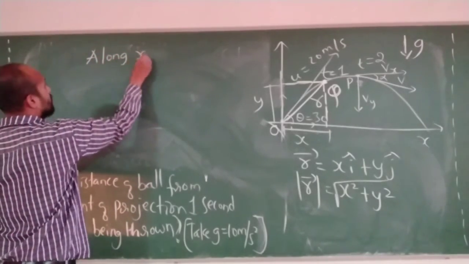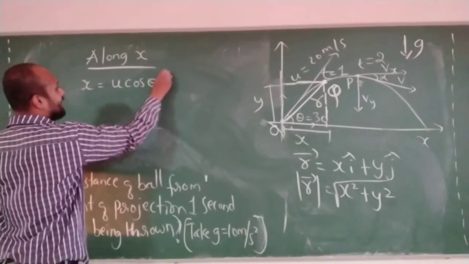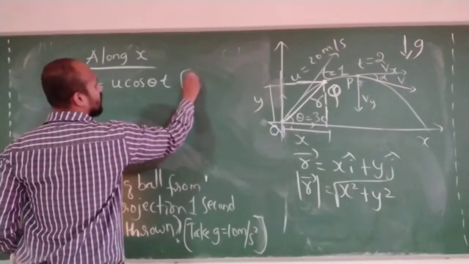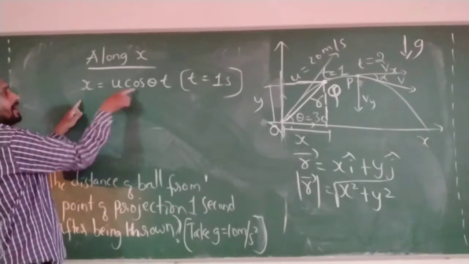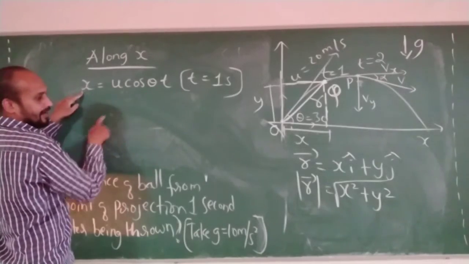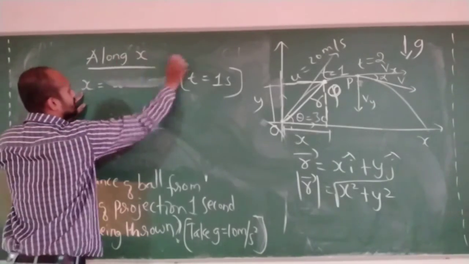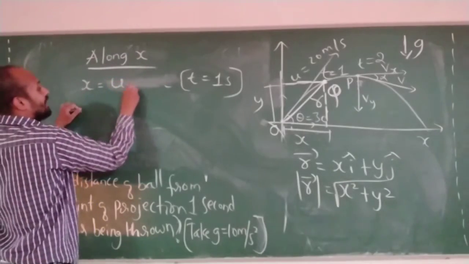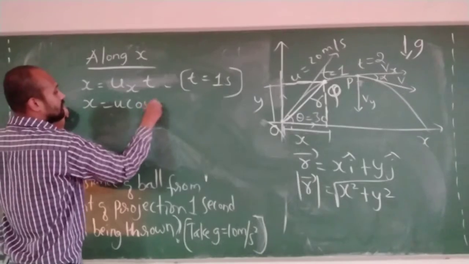Along X, X is equal to u cos theta into t, for t equal to 1 second. Velocity is the distance traveled by time. This is ux, so ux into t will become u cos theta into t.